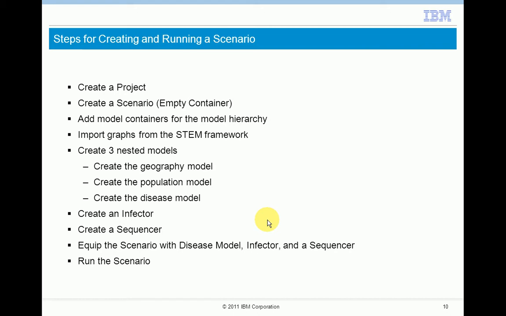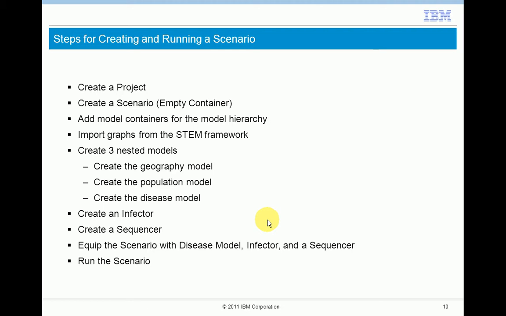Now, in creating a scenario, it's important to remember that a scenario is an empty container. So without you putting things inside the scenario, you will not be able to run it. So you need to add model containers for the model hierarchy, import graphs from the STEM framework, and you need to create the three nested models: the geography model, the population model, the disease model.